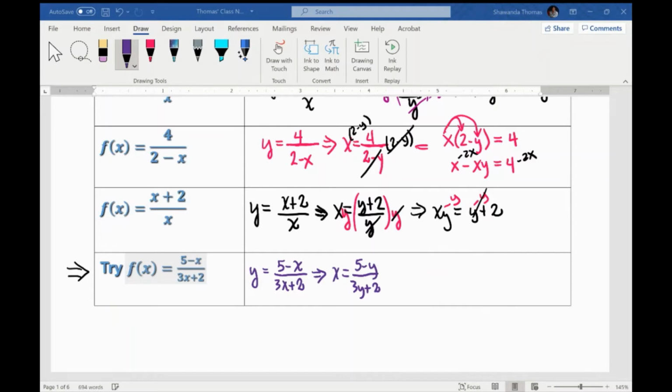Tanaya says multiply both sides by 3y plus 2. That's what I want you to say, because sometimes we think we're only multiplying one side. I know we're trying to get rid of that fraction, but we need to multiply both sides by 3y plus 2. The 3y plus 2 cancels. Now we have x times 3y plus 2 equals 5 minus y.